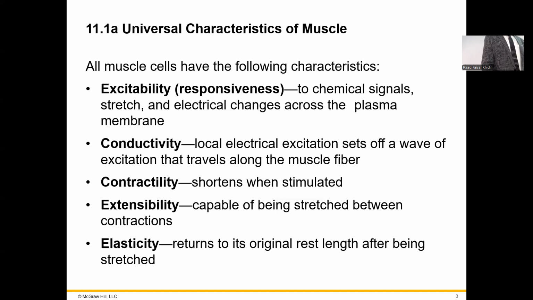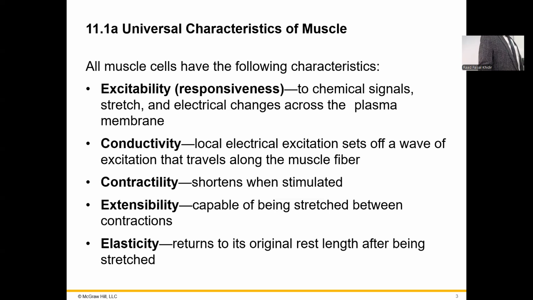They do not remain contracted eternally. So they have the property of contracting followed by relaxation, except in dead people in rigor mortis. In rigor mortis, you only have contraction, there is no relaxation because these cells are dead and we need ATP in order to relax this muscular tissue.